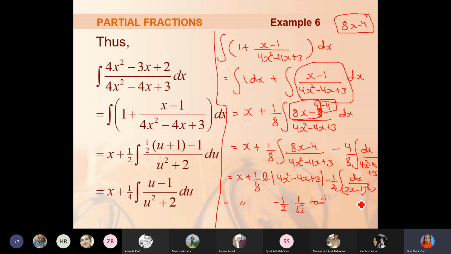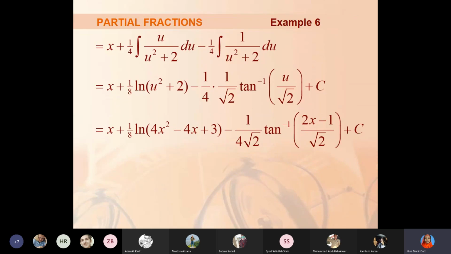Tan inverse of x over a. X is, one thing more I want to tell you, that is 2x minus 1, I have to convert it into u because its derivative is 2. Okay. So convert it into u, solve it separately.